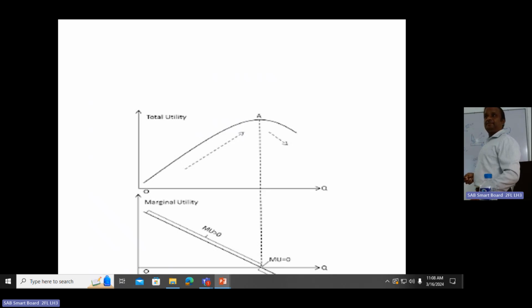Is it clear? These points are very important. When total utility is maximized, marginal utility comes to zero. Beyond it, it's negative. Here marginal utility is positive. So marginal utility continuously decreases. That is the law applied here: diminishing marginal utility.